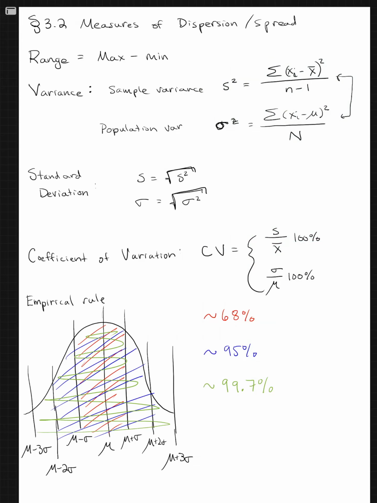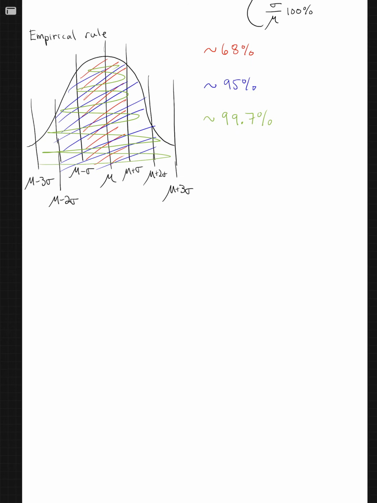So as we get bigger and bigger there, we have an idea of exactly how much is included. Now this only works for bell-shaped, and it's the better of the two approximations that were given here.